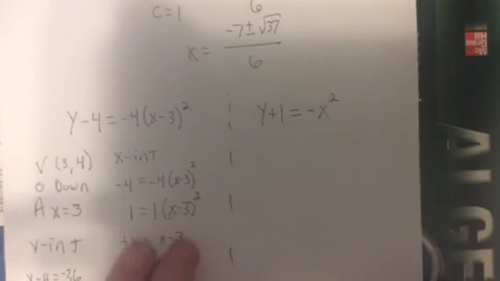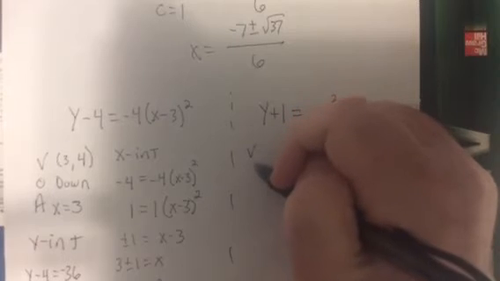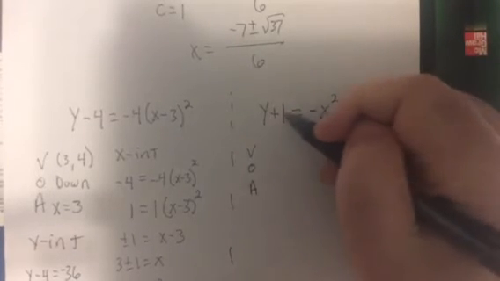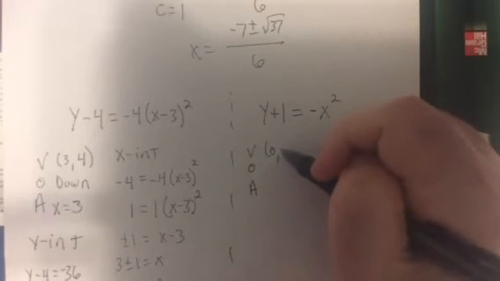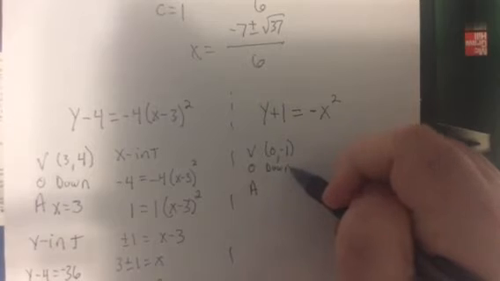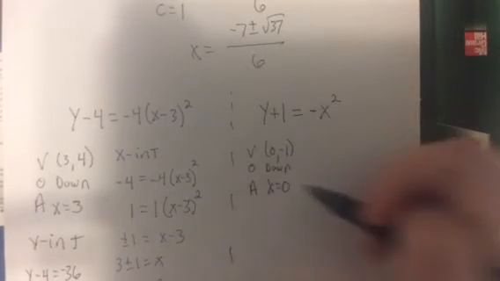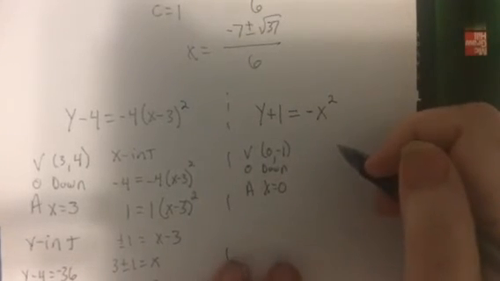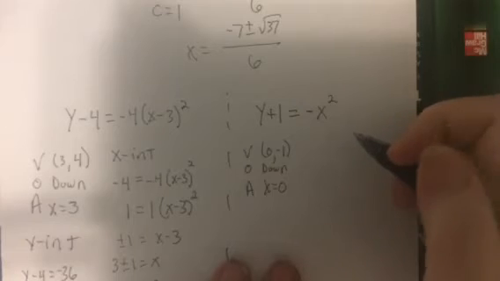Okay, this one. Do we know our vertex and axis? So the vertex is 0, negative 1. It opens down again. And the axis of symmetry is x equals 0. Does anyone remember another name for x equals 0? The y-intercept. True.